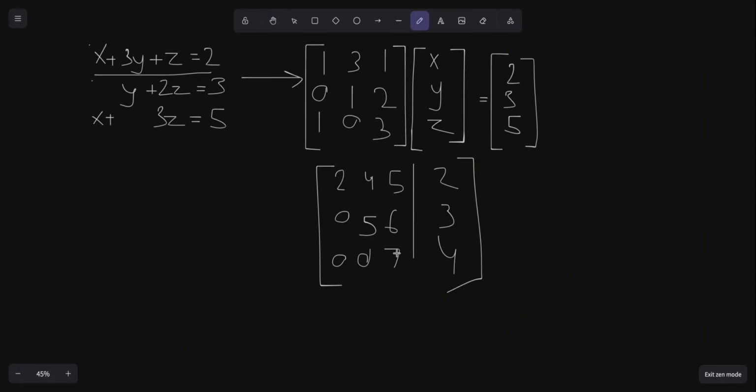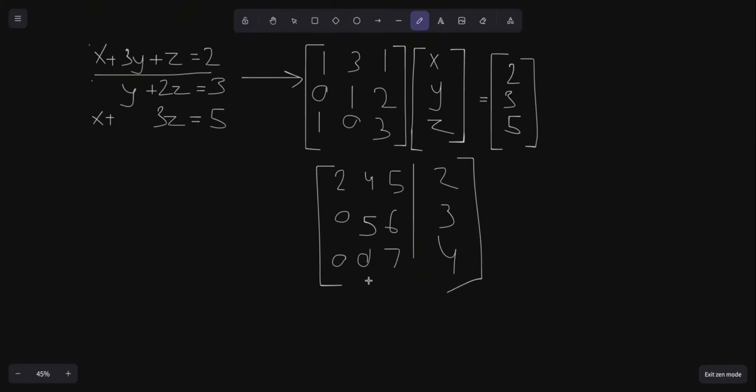Notice how this is basically saying what our z value is equal to. After you have everything in row echelon form, you're able to solve the system of linear equations. So what you want is this staircase pattern, all right?